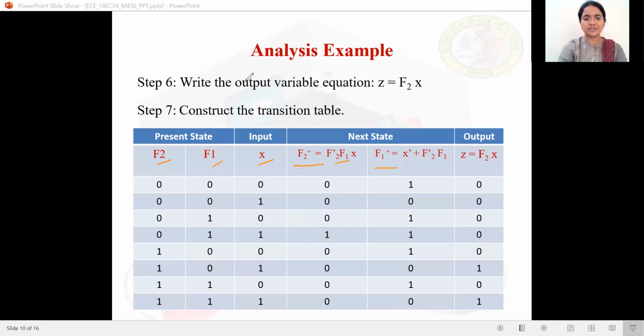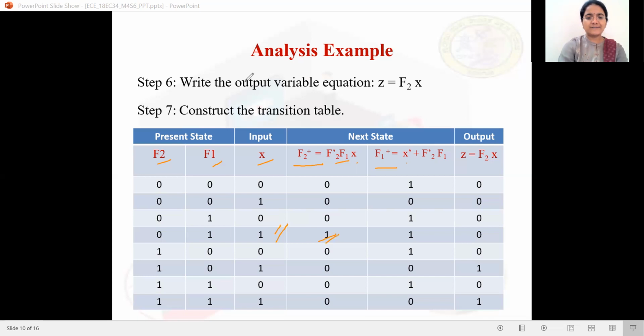This is the AND operation. We get high when f2 bar is equal to 1 and f1, x both are high. Since it is an AND operation, when all three inputs to the AND gate are high, then only the output will be high. For other conditions, it will be 0. So we are getting this only for one combination, that is f2 is 0, f2 bar is 1, 1, 1.